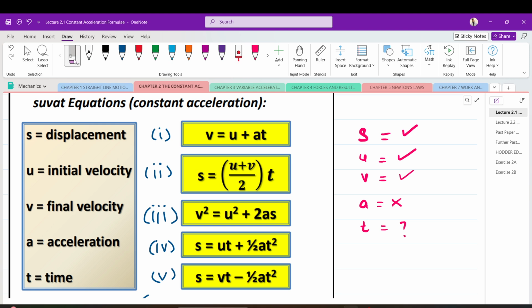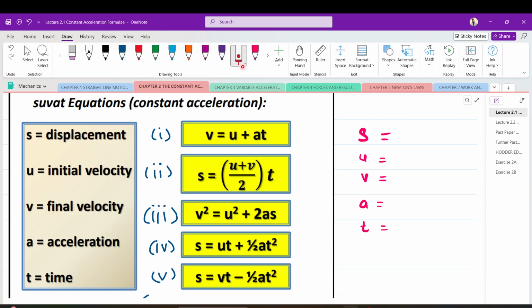Similarly, if we come to equation number 3, I hope that now you get the idea. For equation number 3, if t is not given in the question and it is not asked to calculate, that means you can use this equation.